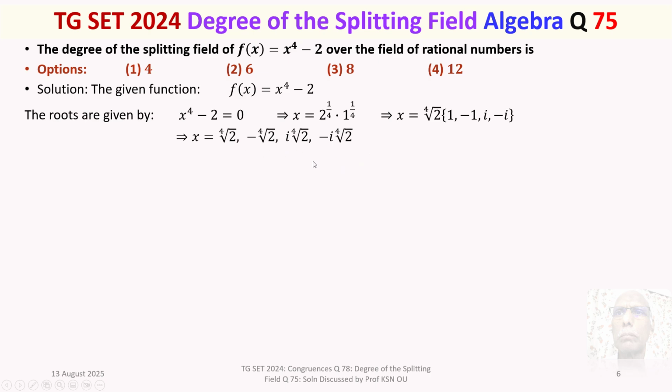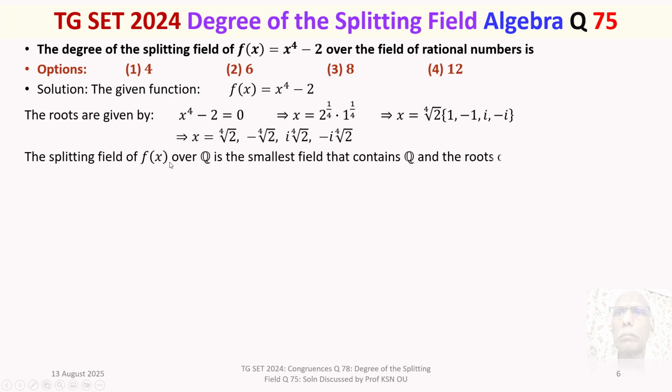Where are they? Are they in Q? Is the fourth root of 2 in Q? No. What about the remaining? No, they are not there. So you have to find the splitting field. What is a splitting field? The splitting field of f(x) over Q, the field of rational numbers, is the smallest field extension that contains Q and all the roots of f(x).